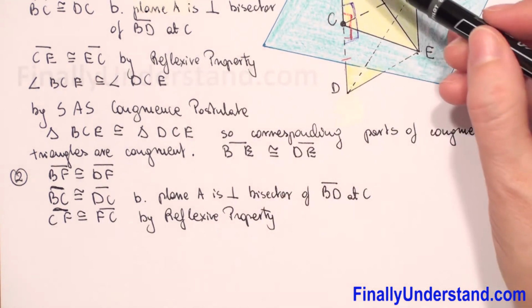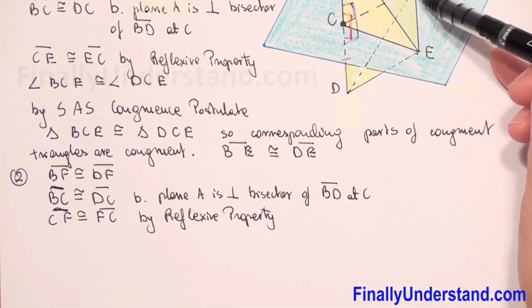What else? Angle BCF is congruent to DCF. Why?